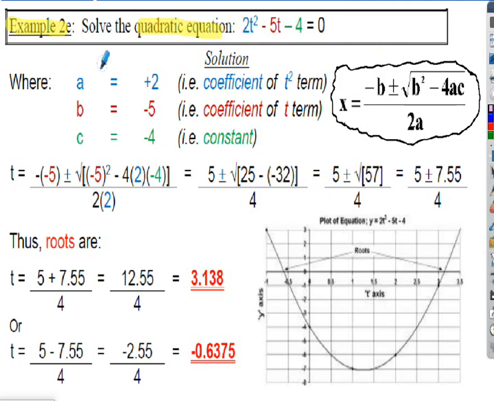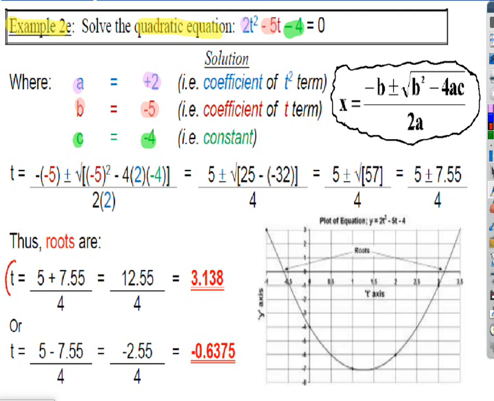In this case, the a is positive 2, so there's my positive 2. The b in this case is negative 5, so there's my negative 5. And my c in this case is negative 4, so there's my negative 4. And again, it's just a question of putting those values into the equation and solving. In this case, of course, we're solving for roots of t.